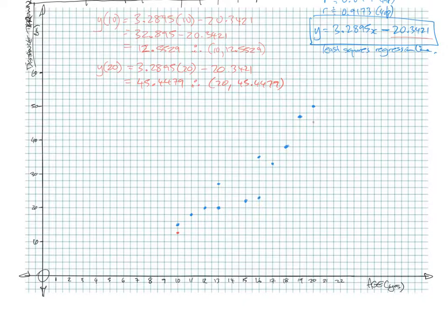So around there would be my other point. So now, using mathematics this time, using the calculator to determine the equation of a line that makes the distance between the line and all of these data points as small as possible, we've determined this line should do. And hopefully it's pretty close to the line of best fit that I drew previously.